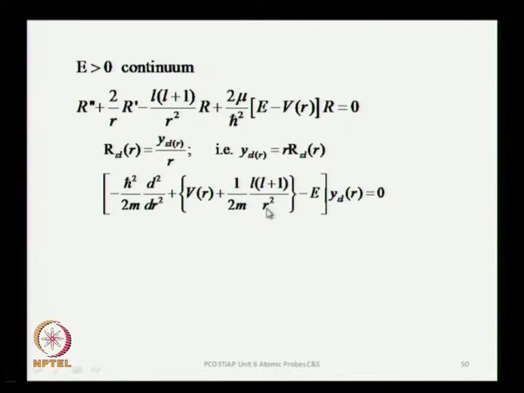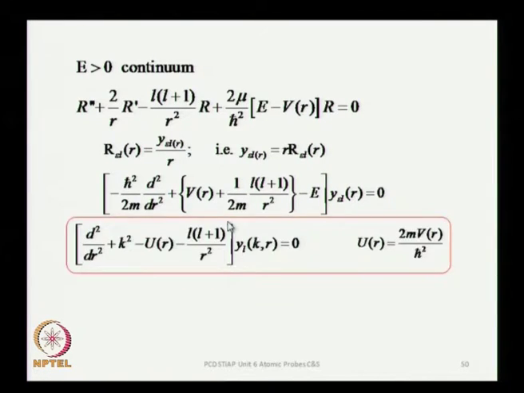With this choice y will need to satisfy a differential equation which is given over here, and if you remove these constants by defining the potential as twice mV over h cross square, you can write it in a form which is rather simple and concise, so that you do not have to write too many constants needlessly.